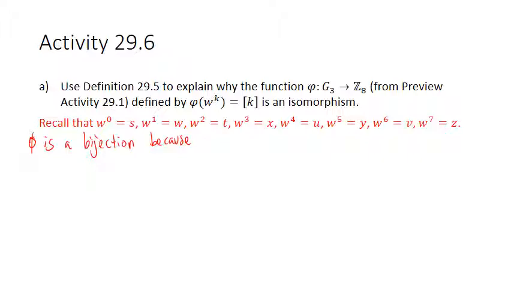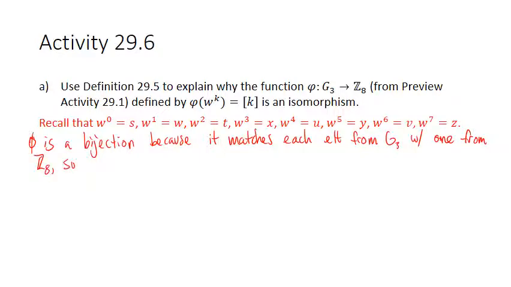You're going to match up one from each between the two groups. So it's matching each element from G3 with one from Z8.